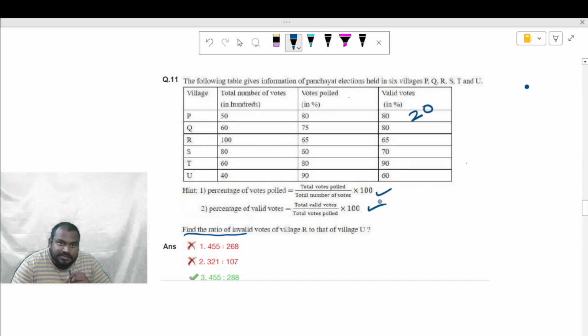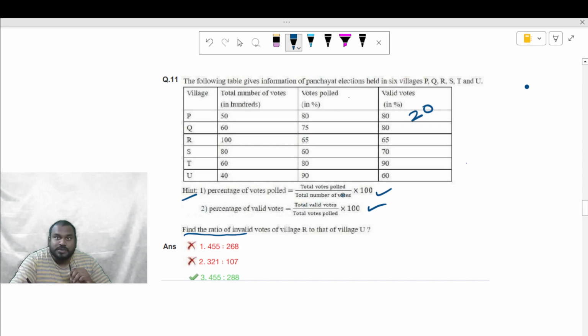So these are the basic formulas about a percentage. You can ignore them. Those who don't know about percentages can use this hint and calculate the answer. Percentage of votes polled means nothing but total votes polled divided by total number of votes.